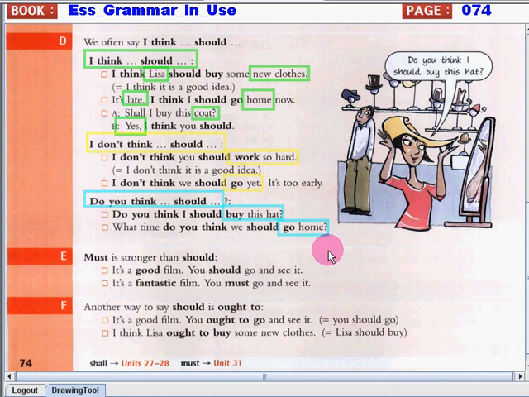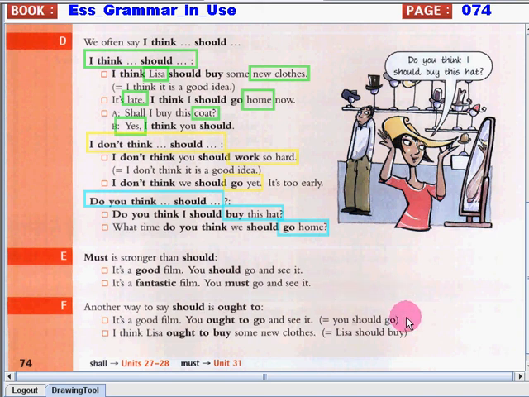But now, the second sentence is saying that the movie is very good and that it is very, very important for someone to see it so that the other person can also see how good the movie is. So, we can use must for stronger opinions, okay? And should for not so strong opinions, okay?